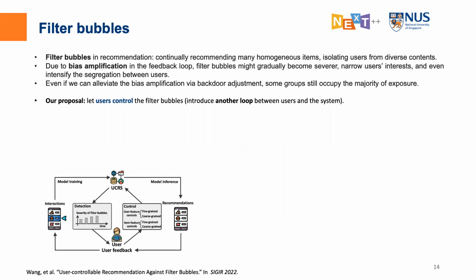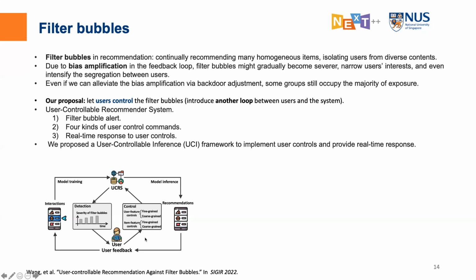If I like to stay in the filter bubble, I just receive this kind of recommendation, right? If I want to jump out of this kind of bubble, I can jump based on the user's intention, right? So our proposal is to let the user actively control the filter bubbles.